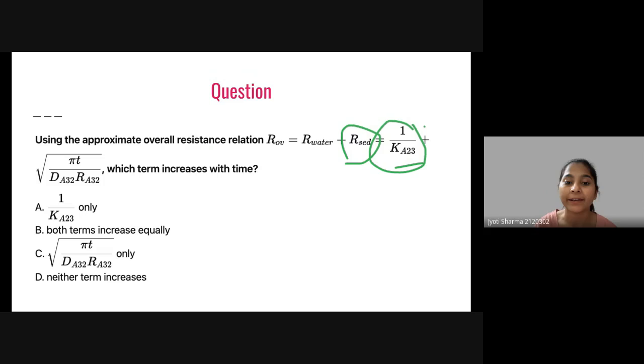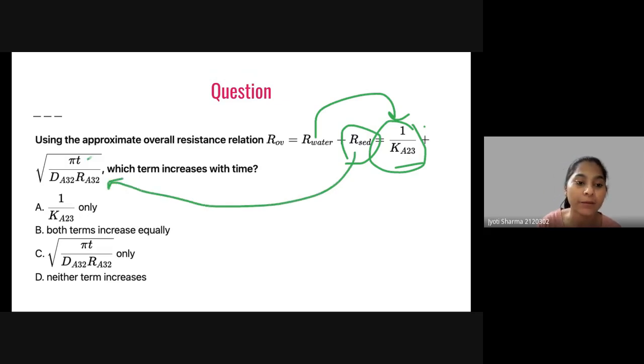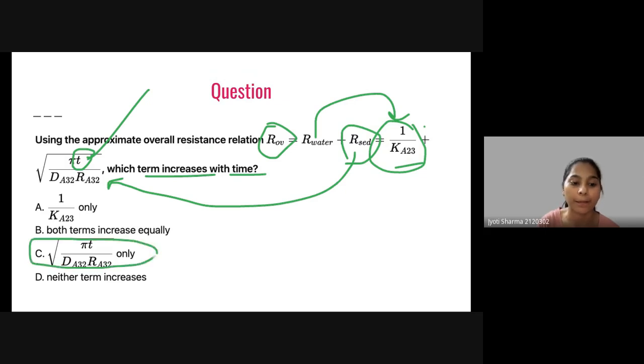For the water side resistance, we have just 1 by capital K A23. We do not have the time variable in this. But the resistance due to the sediment side has the term that has the variable t. It means your overall resistance will be increasing with the time in the sediment side. So the term that is increasing with the time is this one. Very simple.